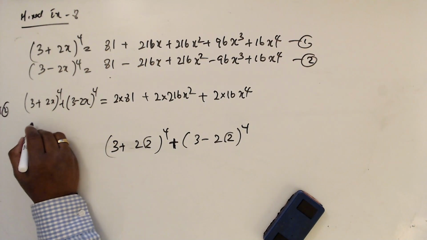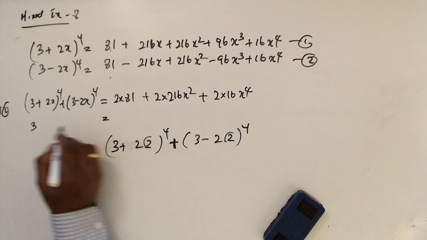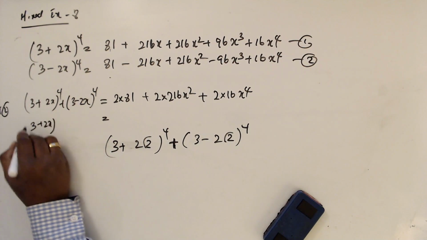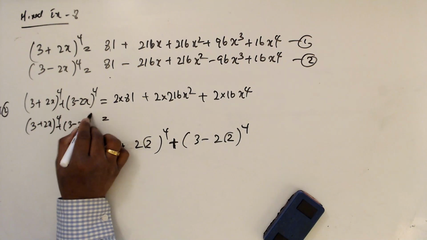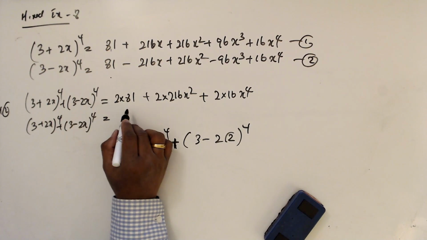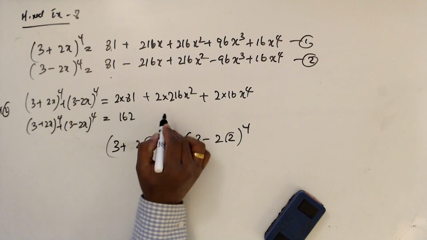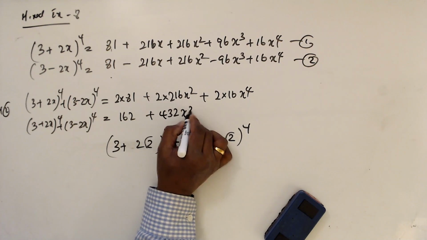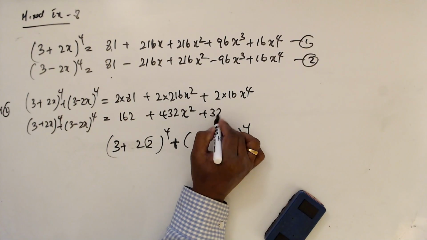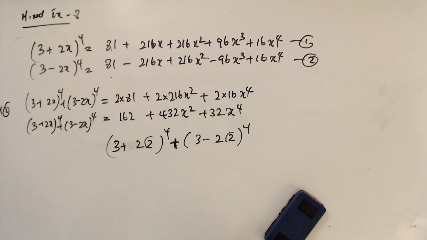Now (3 + 2x)⁴ + (3 − 2x)⁴ equals 162 plus 432x² plus 32x⁴.